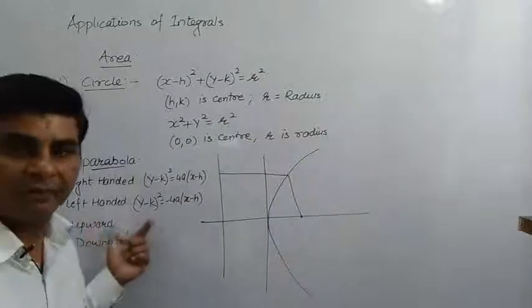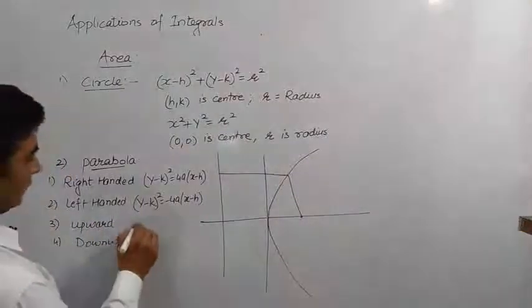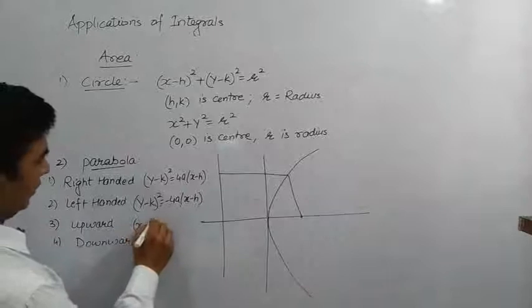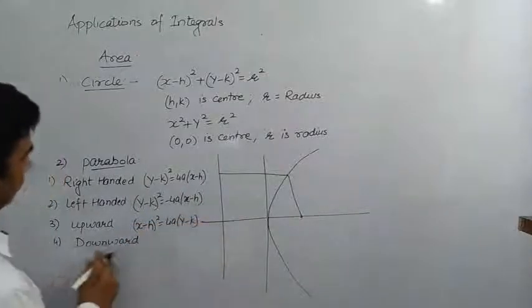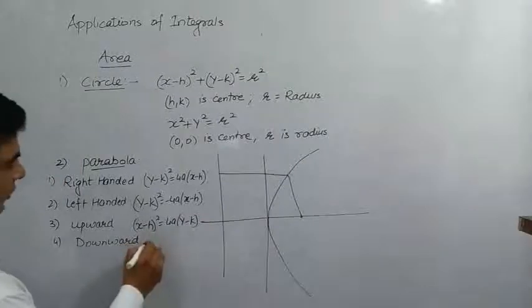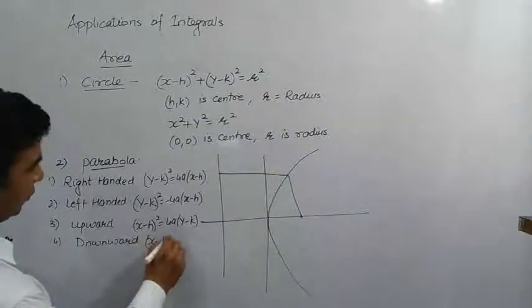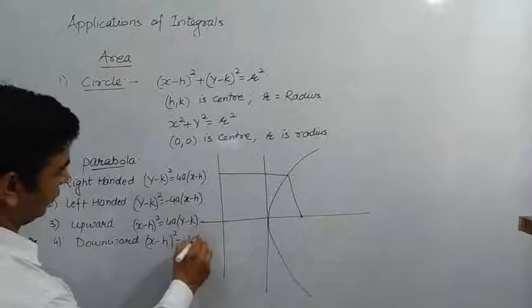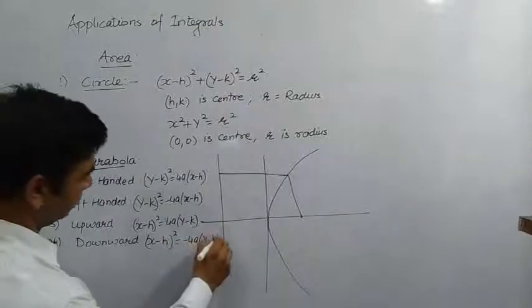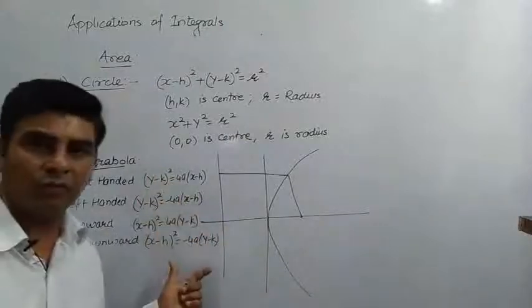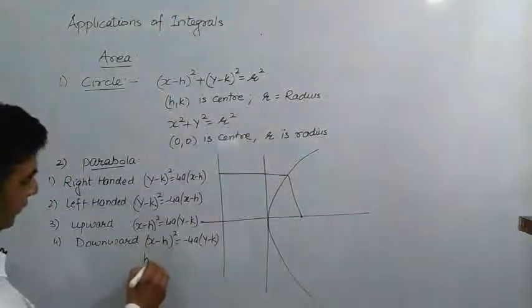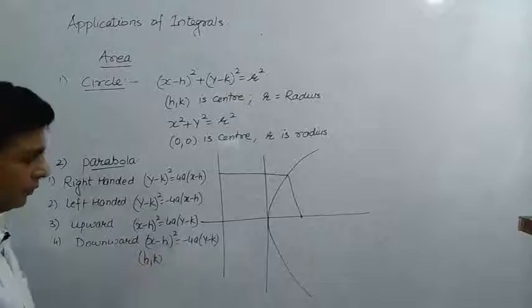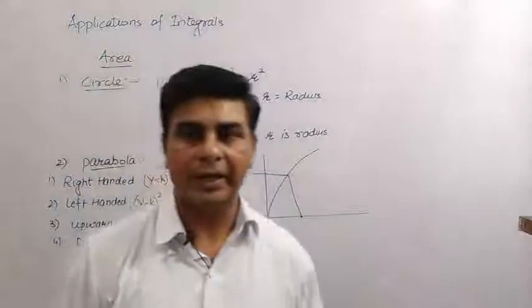The equation of the upward parabola is given by (x minus h) whole square is equal to 4a into (y minus k). And in case of the downward parabola, it is given by (x minus h) whole square is equal to minus 4a into (y minus k). In all 4 cases, the vertex is (h, k).